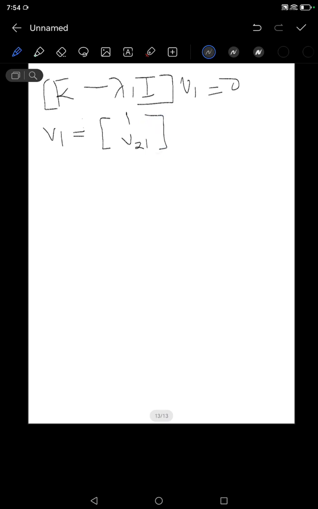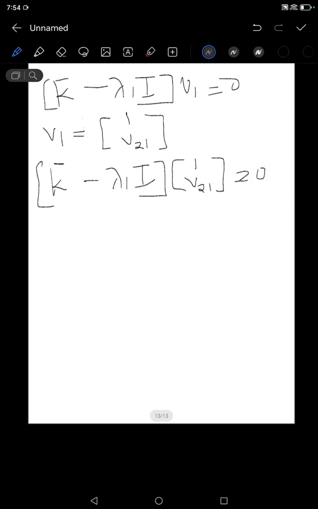So our formula is going to be K, normalized stiffness, minus lambda 1 I, multiplied by 1 v21, equals 0. The reason we're writing this in a vector form is because our normalized stiffness is in a matrix form.